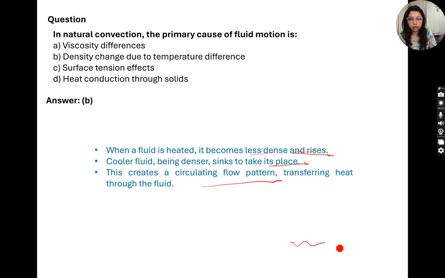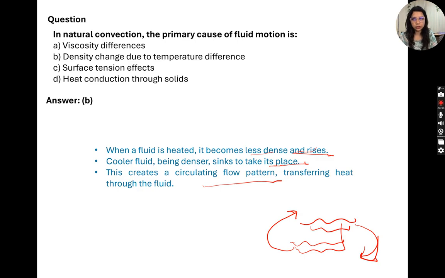The hot water below the surface goes up, and the cool fluid above goes down due to density, creating a circular motion. Due to this density difference, the fluid flows in natural convection. So the correct answer is B. This is a very easy question, I guess, not a typical one.